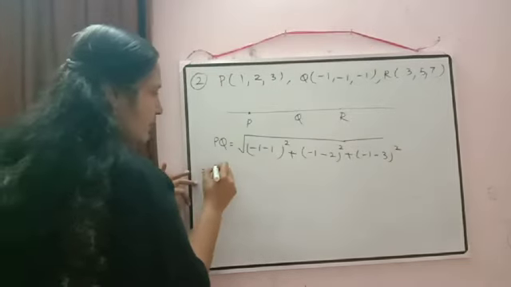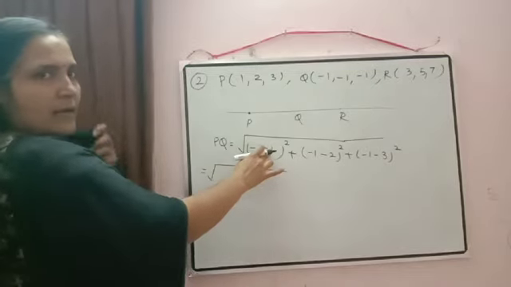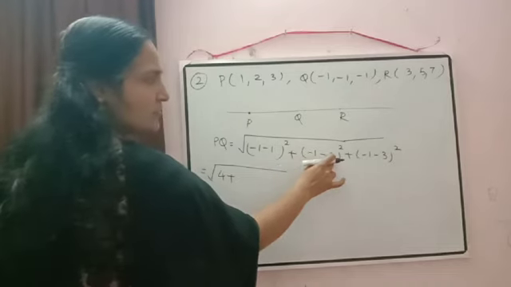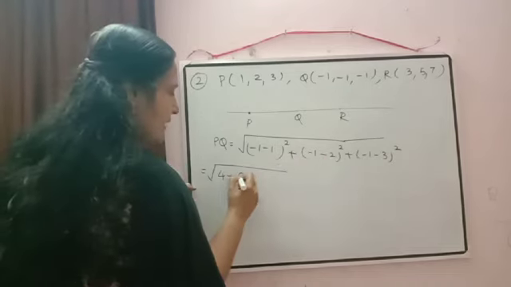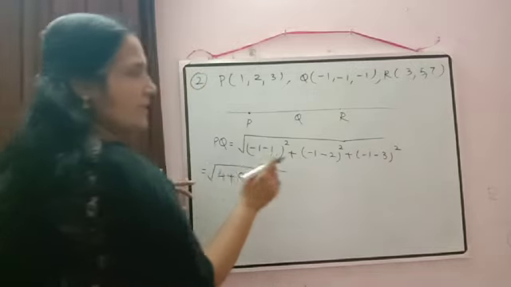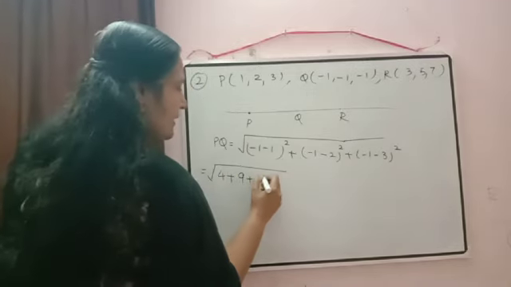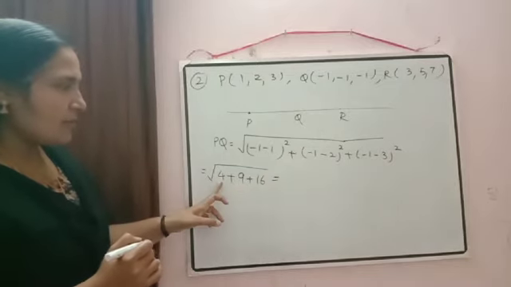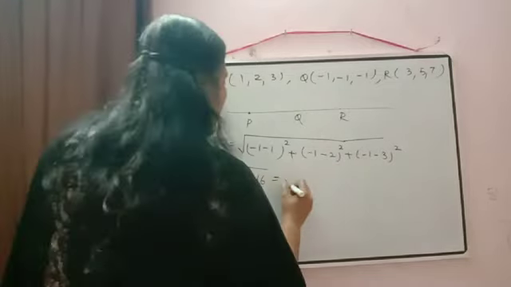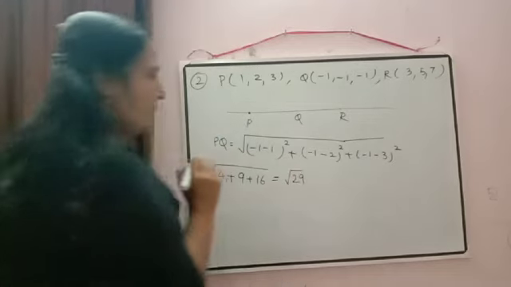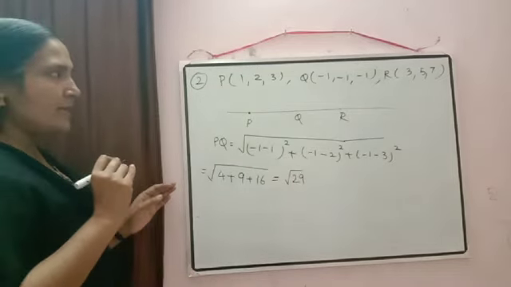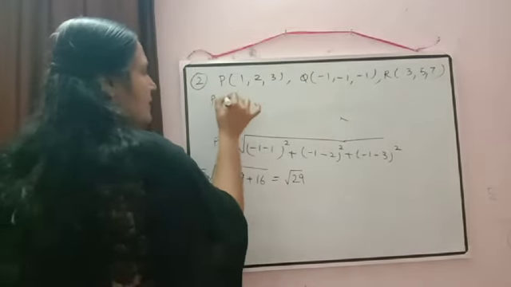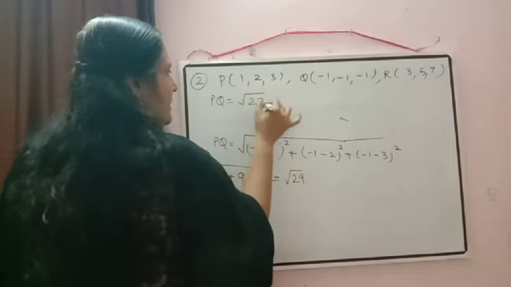Simplify it: minus 2 square is 4, plus minus 3 square is 9, plus minus 4 square is 16. So 16 plus 4 is 20, and 20 plus 9 is 29. So we got here PQ is equal to square root of 29.